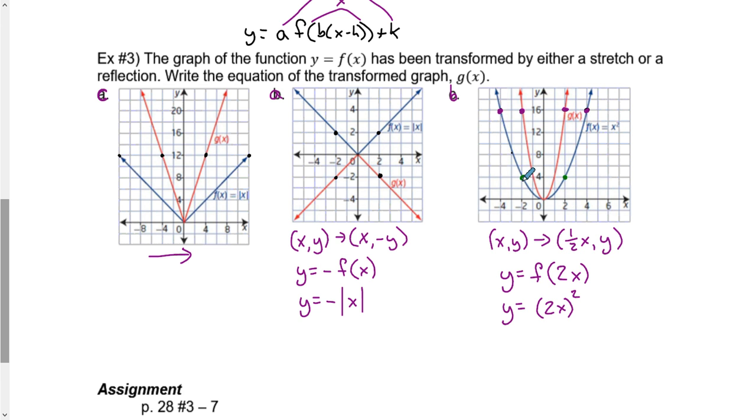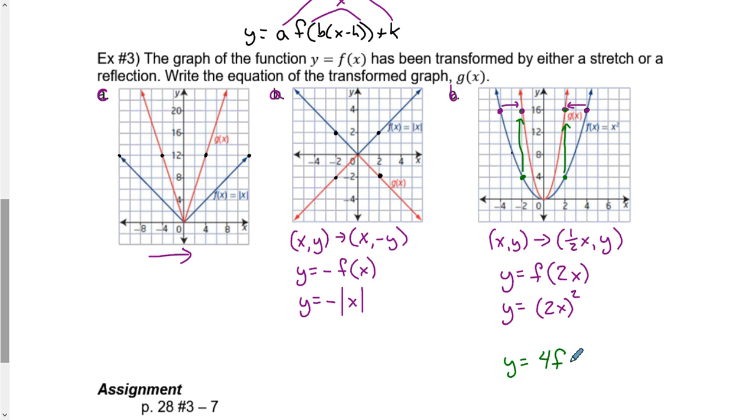So we can see that these green ones, the 2x, is when it was horizontally stretched by a factor of 1/2. But if we wanted to go from the green ones to these ones, from 4 to 16, that is actually a vertical stretch by a factor of 4.